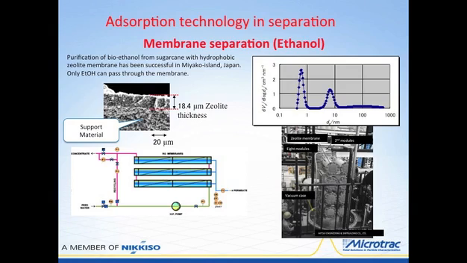Now, when the sugarcane is used, there's a number of impurities that are produced along with the ethanol. The zeolite membrane has the ability to remove all of those impurities, but it can only do that under certain conditions where the pore structure is of the right size and the correct amounts.